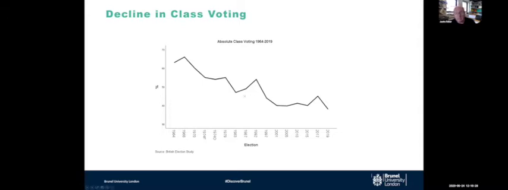Now, we do get little fluctuations. So we got a little boost up here in 1992 and a small boost in 2017. But as we see in 2019, this was the lowest point of class voting in the period since 1964. So voting on the basis of class is disappearing in terms of importance.